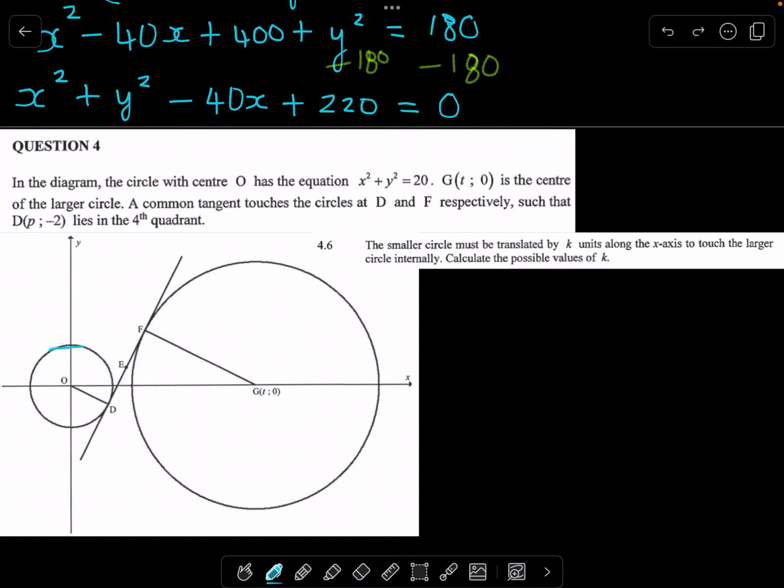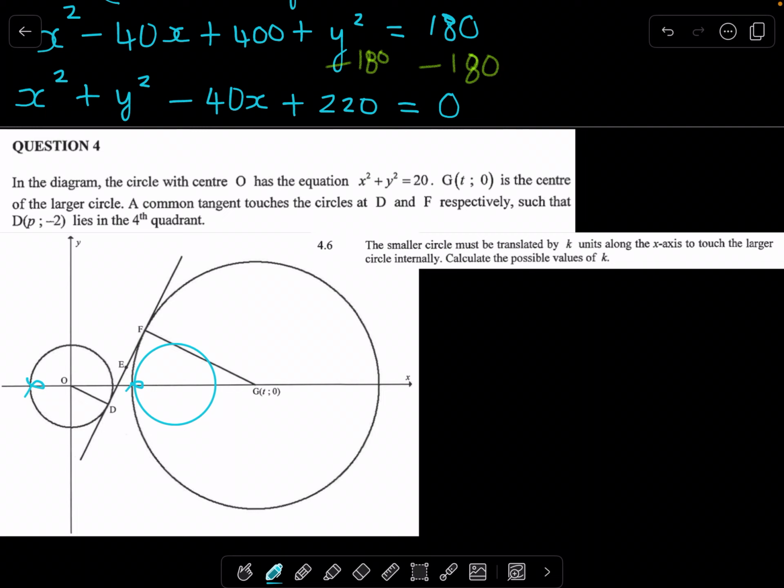The magic didn't work. Busy exposing my squiggly circles here. Alright, and then the other k value will be the distance from here to here. Okay. Right. So the question is, how on earth do we work this out?